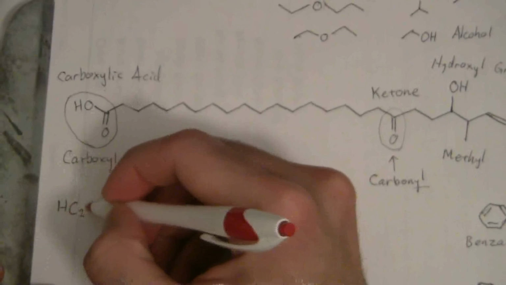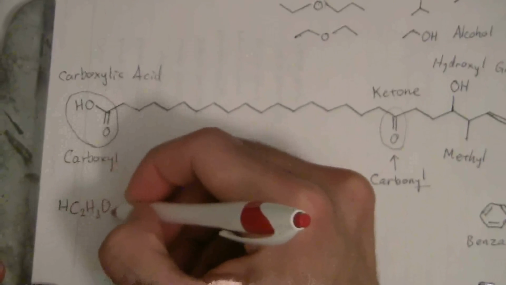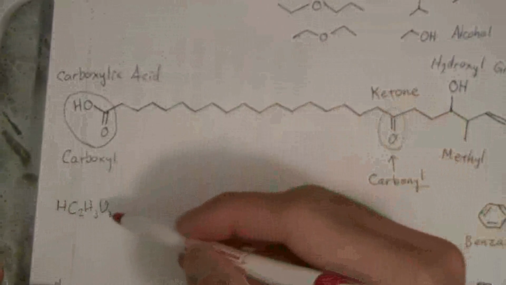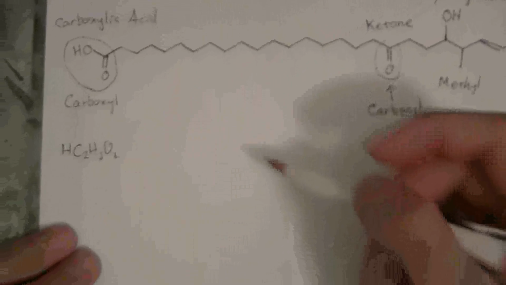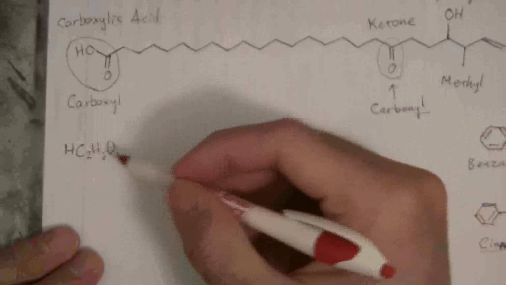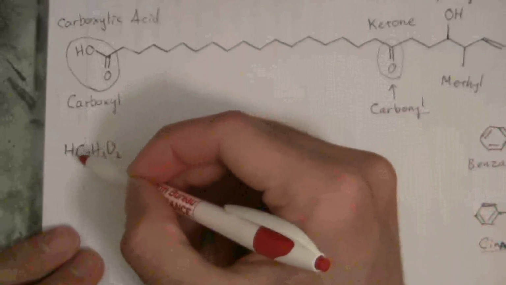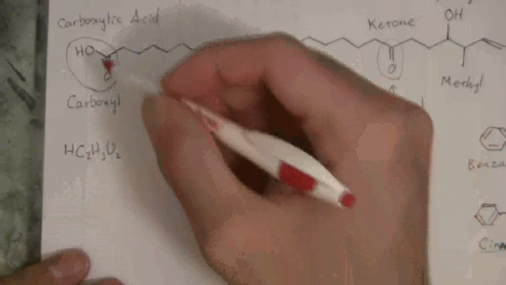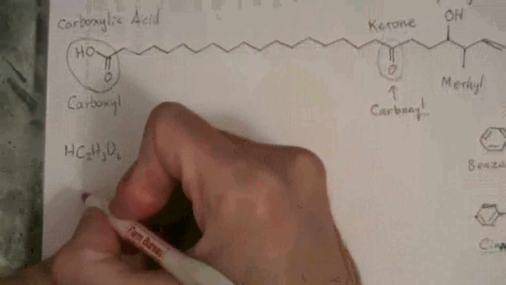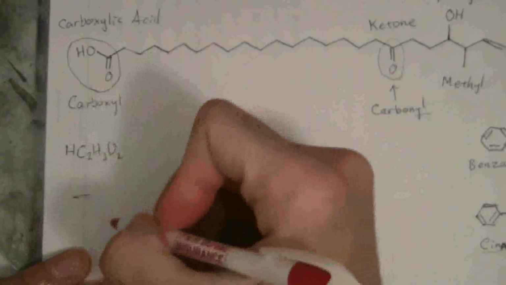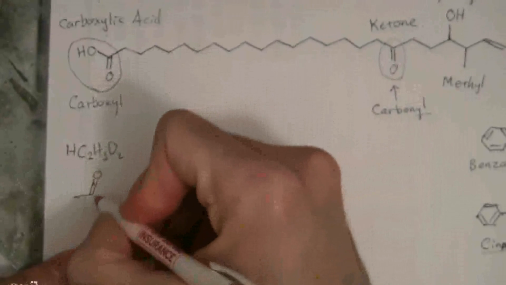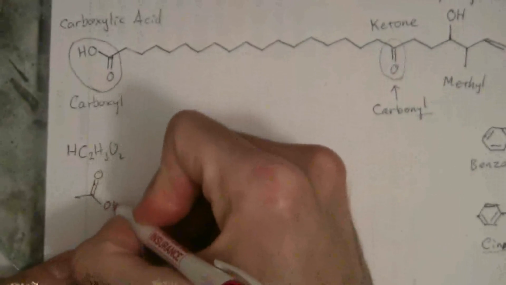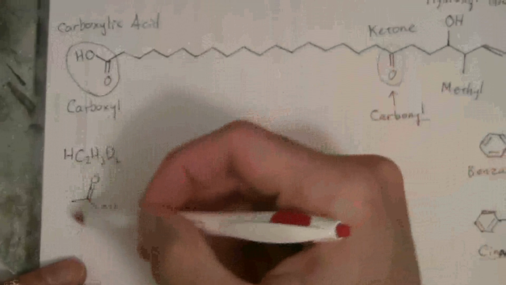Well, that's HC2H3O2. This is actually an organic acid. It's a carboxylic acid. And if we look at the formula for this, it has 2 carbons. It's a 2-carbon carboxylic acid. So here are my 2 carbons, and then one of them has the carbonyl and a hydroxyl group on the same carbon.